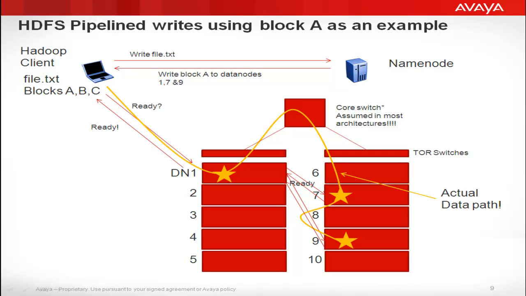Data node 1 is the first in the pipeline, so it receives the request and sends a ready request to data nodes 7 and 9. Nodes 7 and 9 respond, and then the write process begins by placing the data block on data node 1, where it is then pipelined or replicated to data nodes 7 and 9. The write process is not complete until all data nodes respond with the write process. Note that the write process for the other blocks is happening in parallel to this.